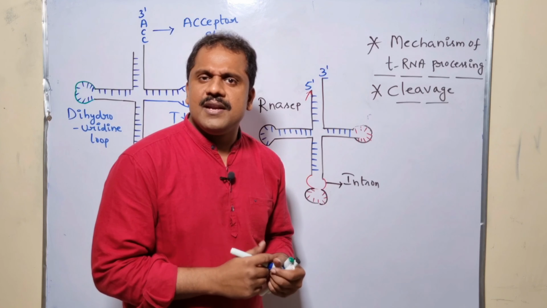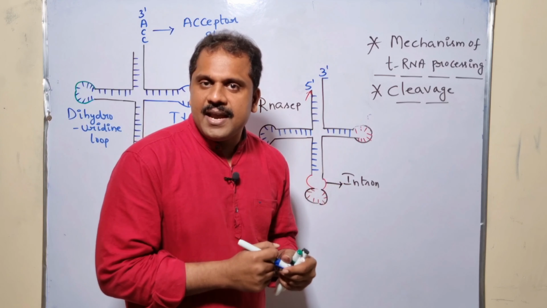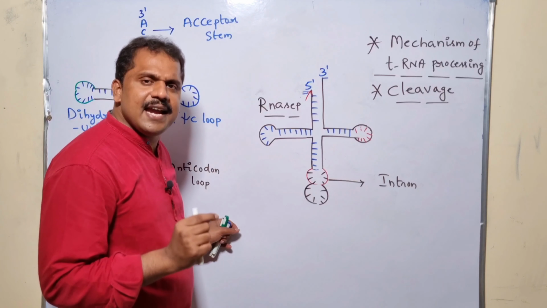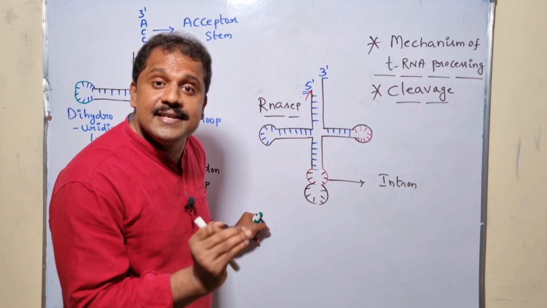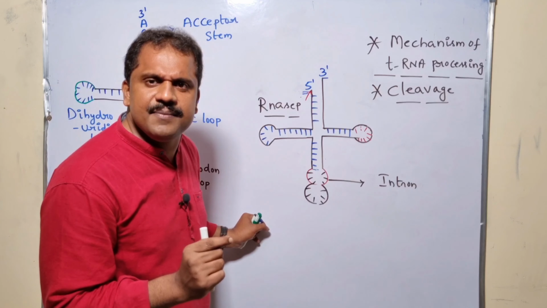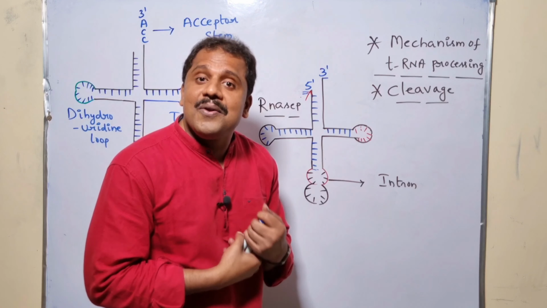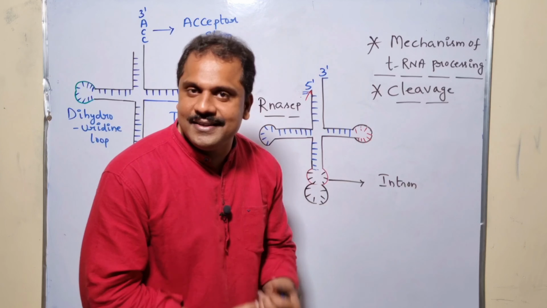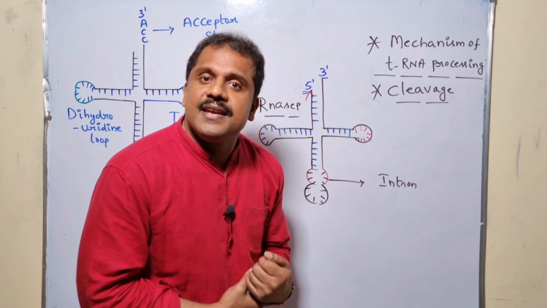Instead of taking the advantage of transesterification reaction, the tRNA processing mechanism takes the advantage of an endonuclease. Cleaving of the tRNA structure by taking the advantage of various endonucleases, then after, the tRNA processing mechanism takes the advantage of one more other endonuclease enzyme. So what is the role of the endonuclease enzyme here? If we consider the rRNA processing as well as mRNA processing, the non-coding sequences, the introns, undergo successful splicing by taking the advantage of transesterification reactions.